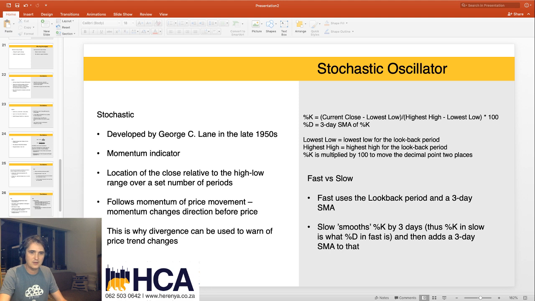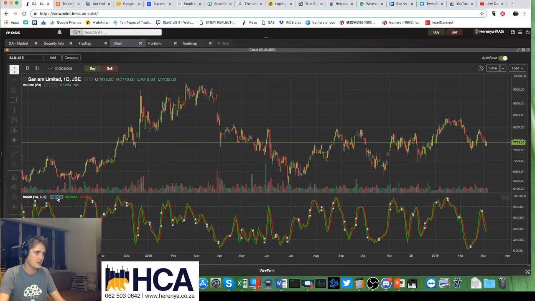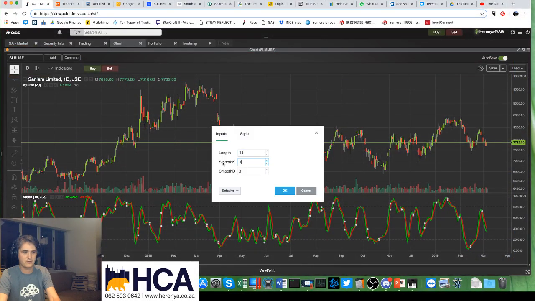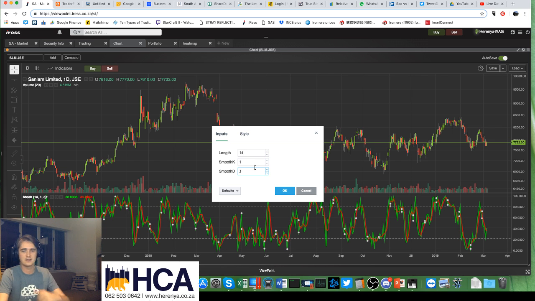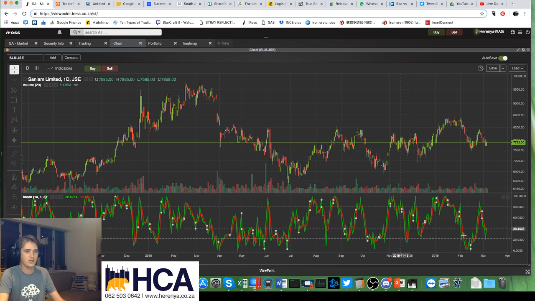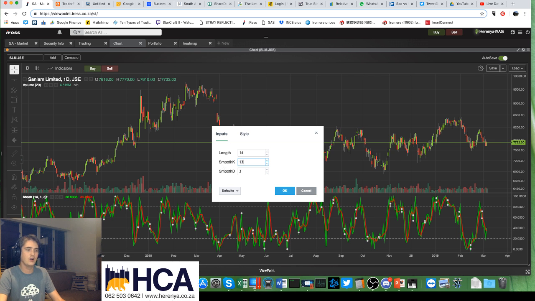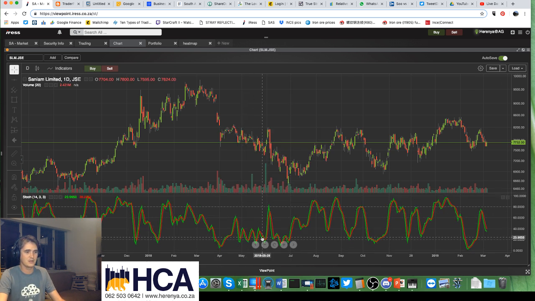And again, I'm doing this center screen, I'm going to just add it again. 14, 1, 3 gives us a normal stochastic, so no smoothing of the K line, and we end up with a relatively noisy indicator. If we then add 3-day smoothing on the smoothing, we end up with a much better looking picture, right?